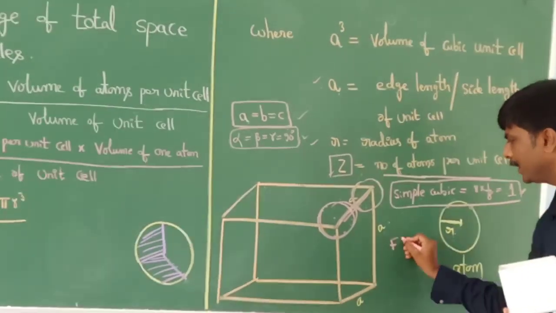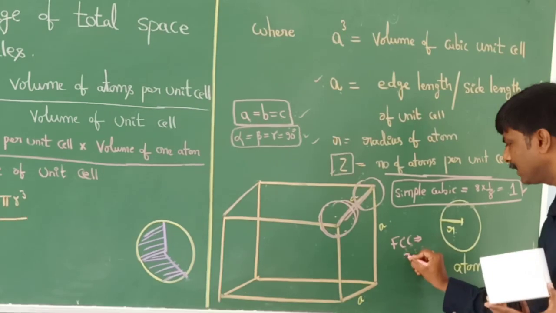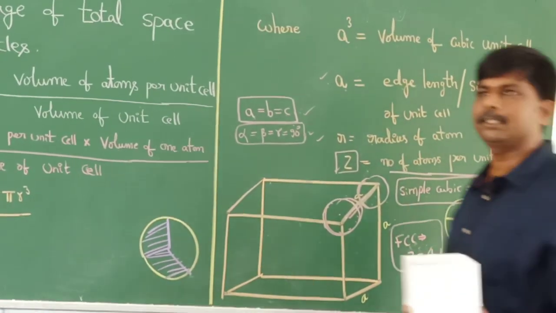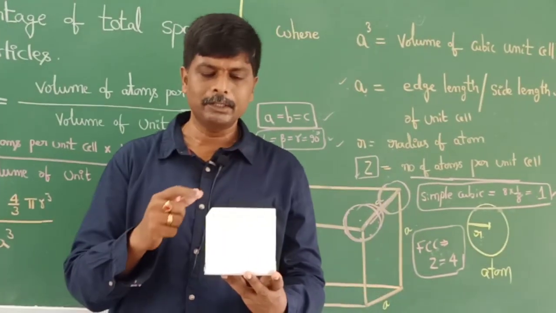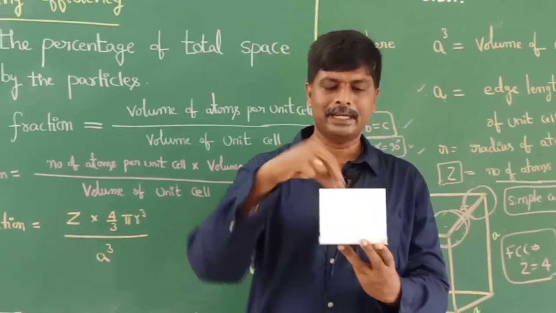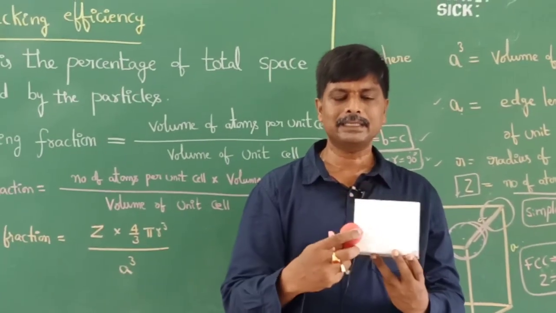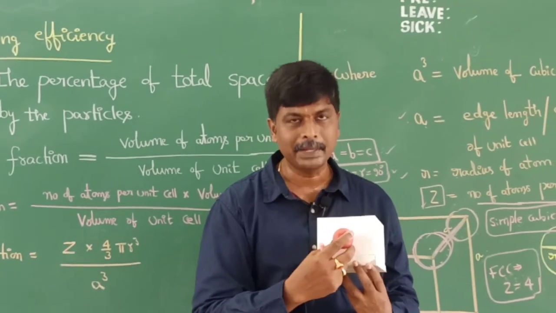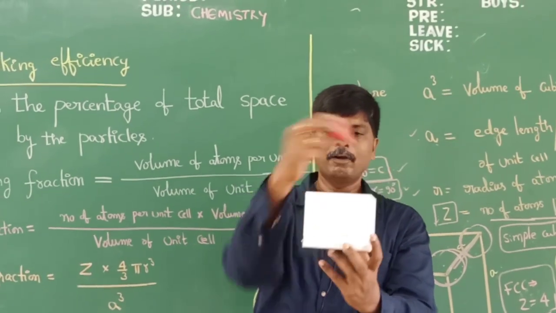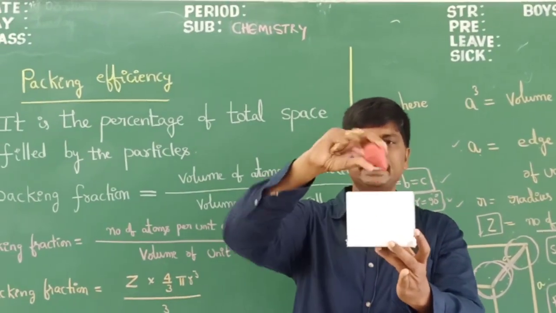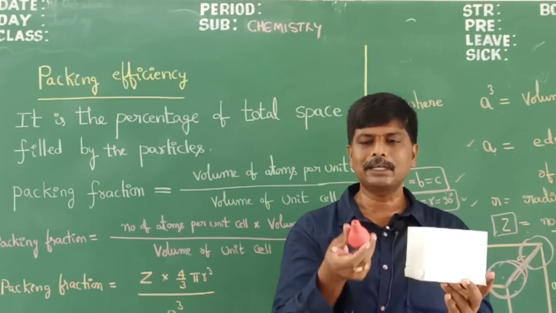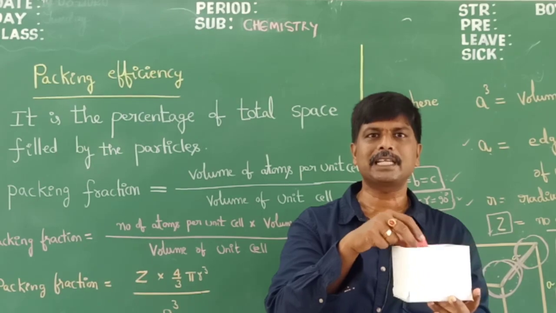For face-centered cubic, what is the Z value? Z value is 4. How is Z equal to 4 for face-centered cubic? Because in face-centered cubic, particles are present at 8 corners, plus 1 at each face center: 1, 2, 3, 4, 5, 6, 6 face centers. If an atom is present at a face center, what is the contribution of this particle to this unit cell? 1 by 2.